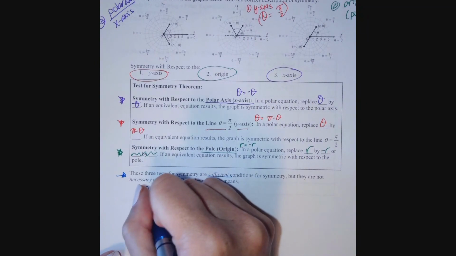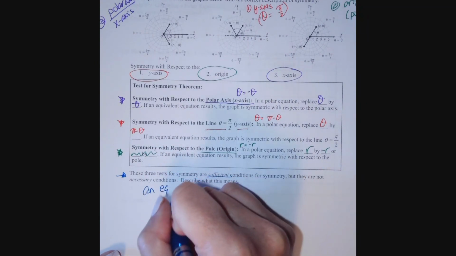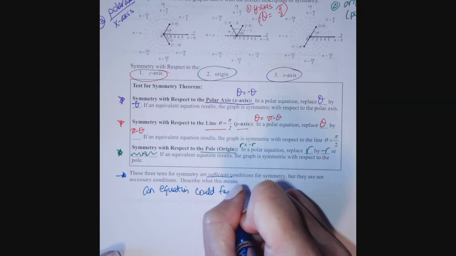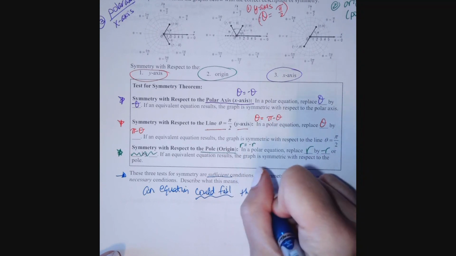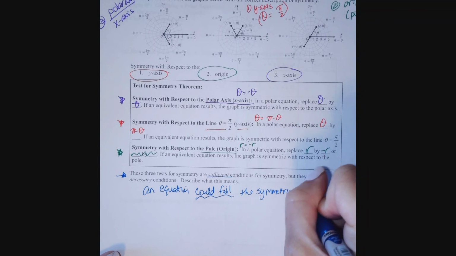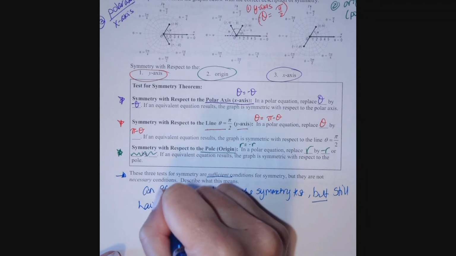So here is what this means in words. An equation could fail the symmetry test for a certain type of symmetry, but still have that type of symmetry.